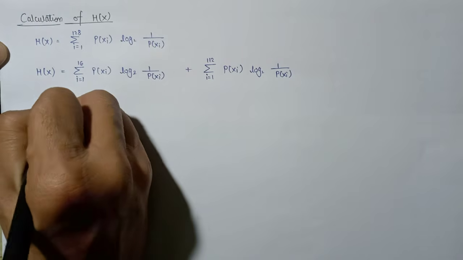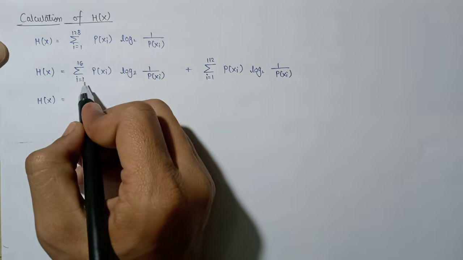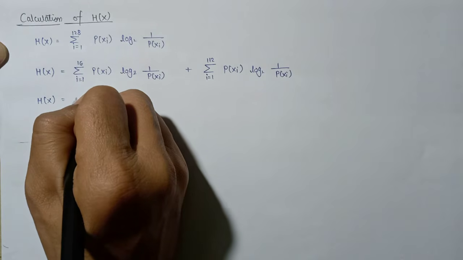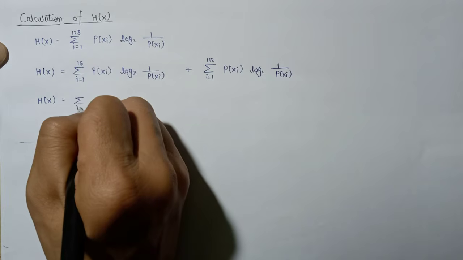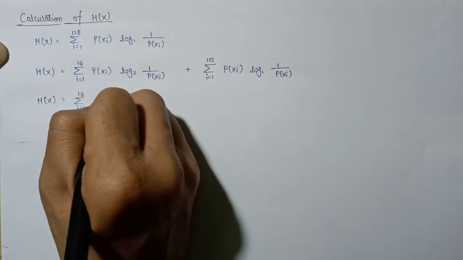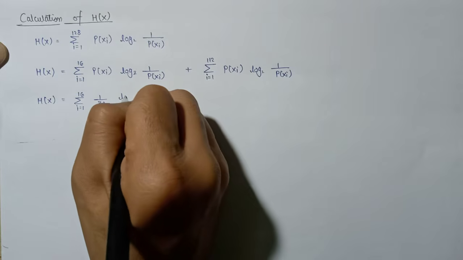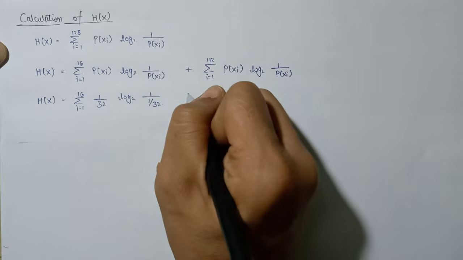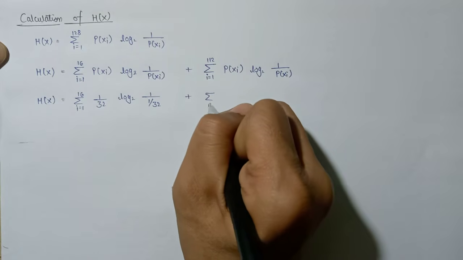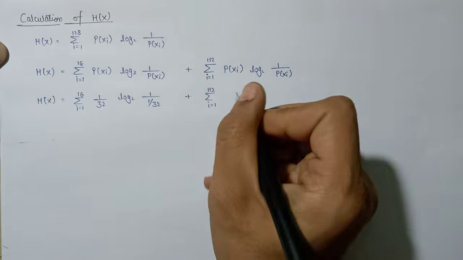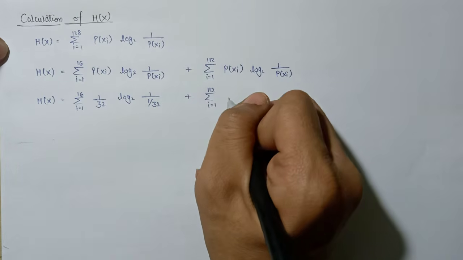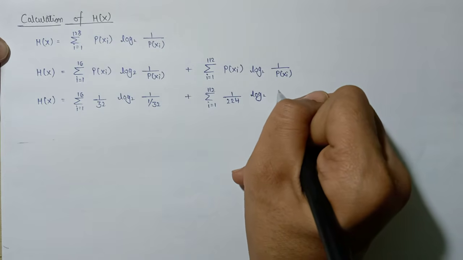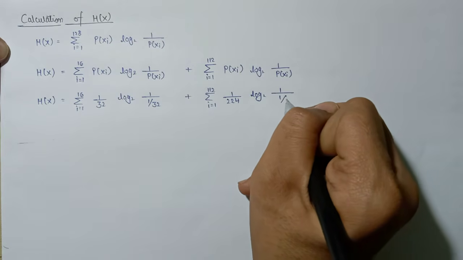Since we have the value of the probability for these 16 equiprobable symbols, its value is summation i equals 1 to 16 of 1 over 32 log base 2 1 over 1 by 32. Similarly, summation i equals 1 to 112, its probability is 1 over 224, log base 2 1 over 1 by 224.